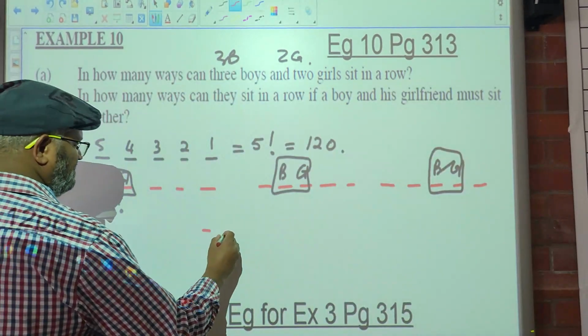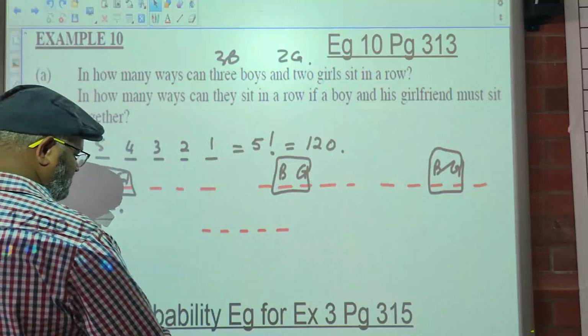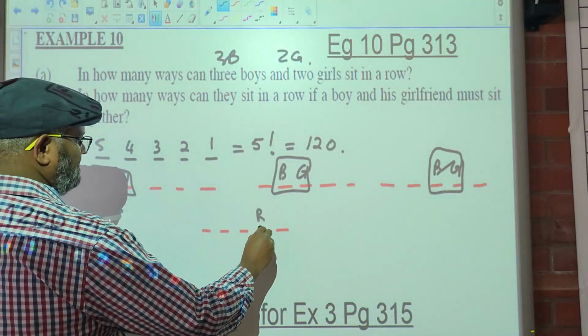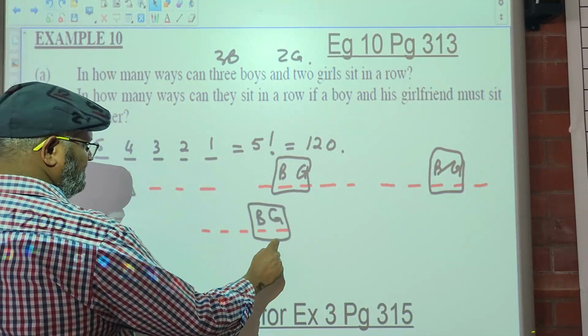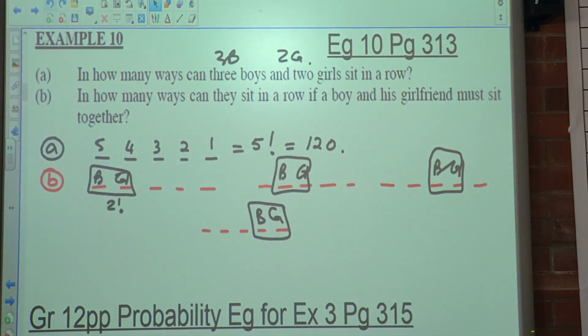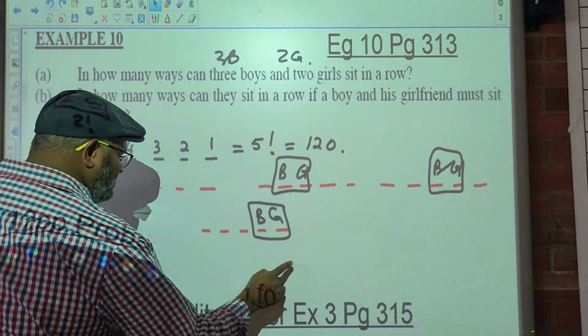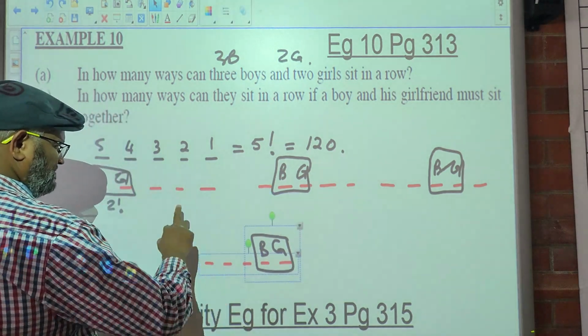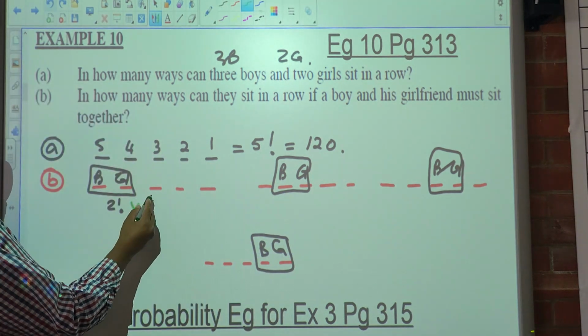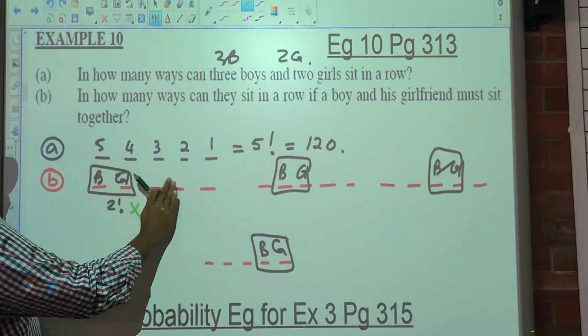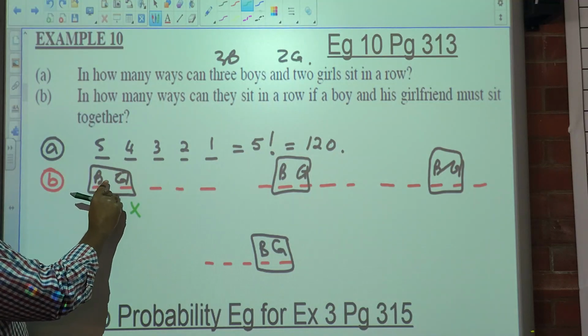So how many options do I have then? Actually I have to explain this part first. But okay, how many options do I have then? If I take this into account, the girl and the boy sitting here first.